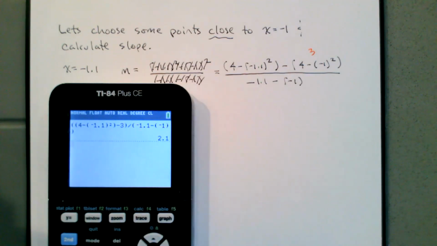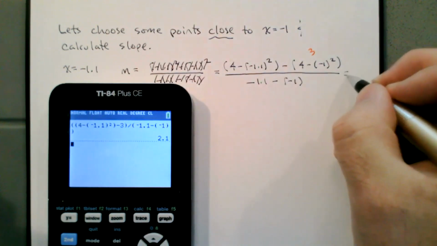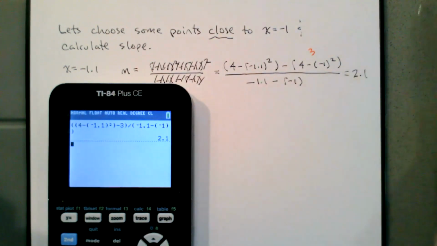And then we'll see if I got my parentheses right. And we get 2.1. So I picked a point that was close to -1, 3, and I calculated a slope of 2.1.